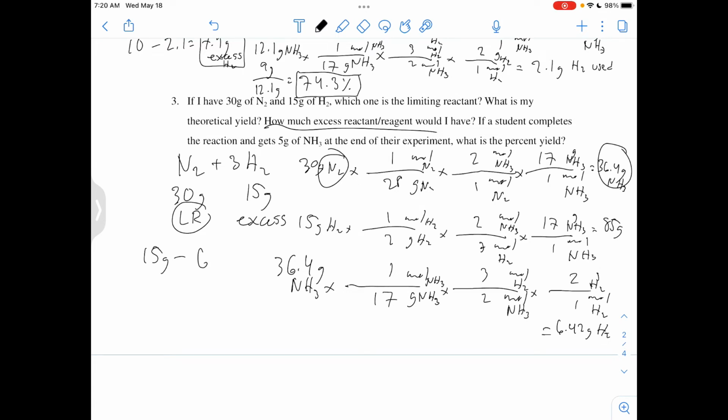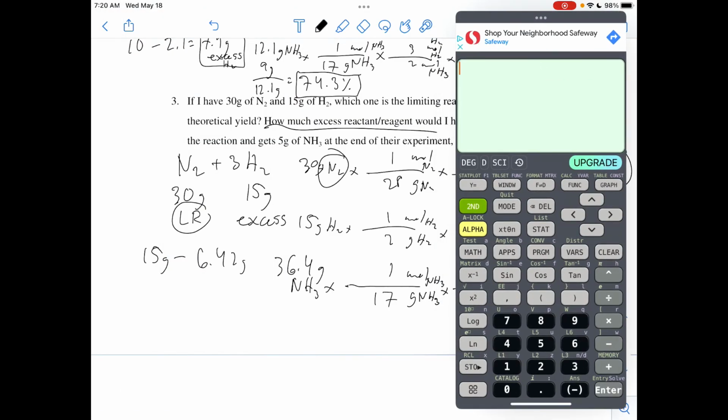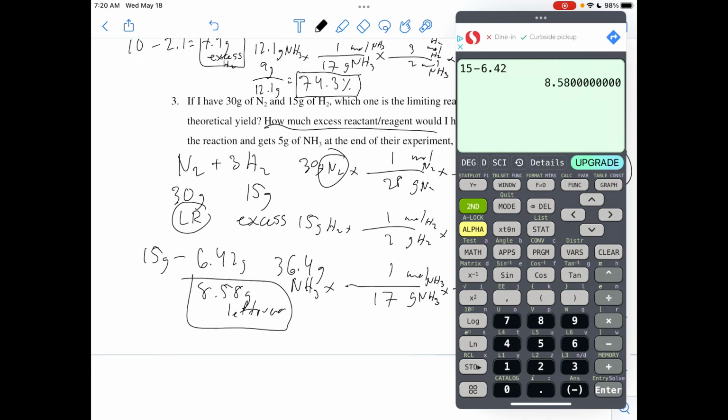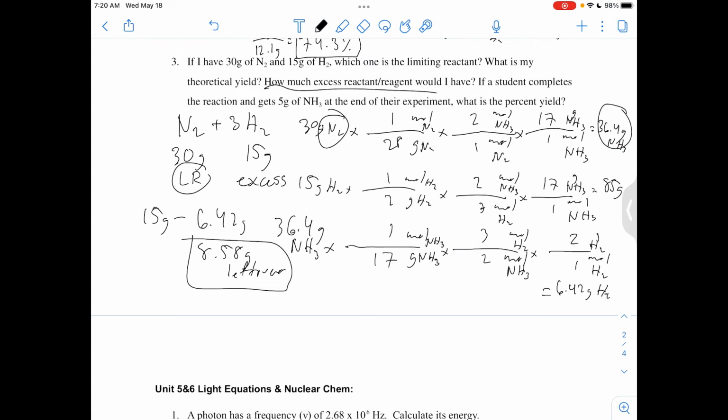So I started off with 15. I'm going to subtract 6.42 grams. So my excess amount would be 15 minus 6.42. I'm going to have 8.58 grams left over in excess, unreacted. And again, let's say that student completes this reaction, only gets 5 grams of NH3.